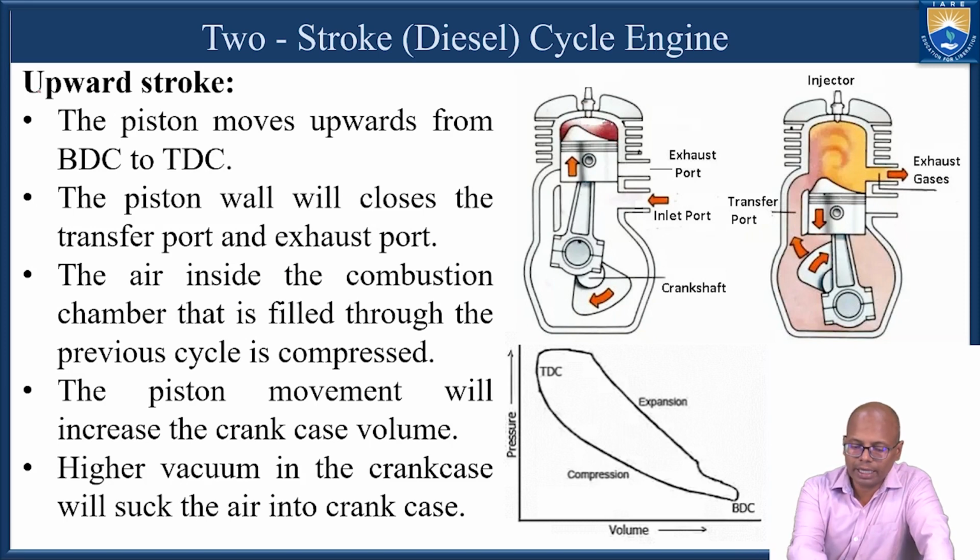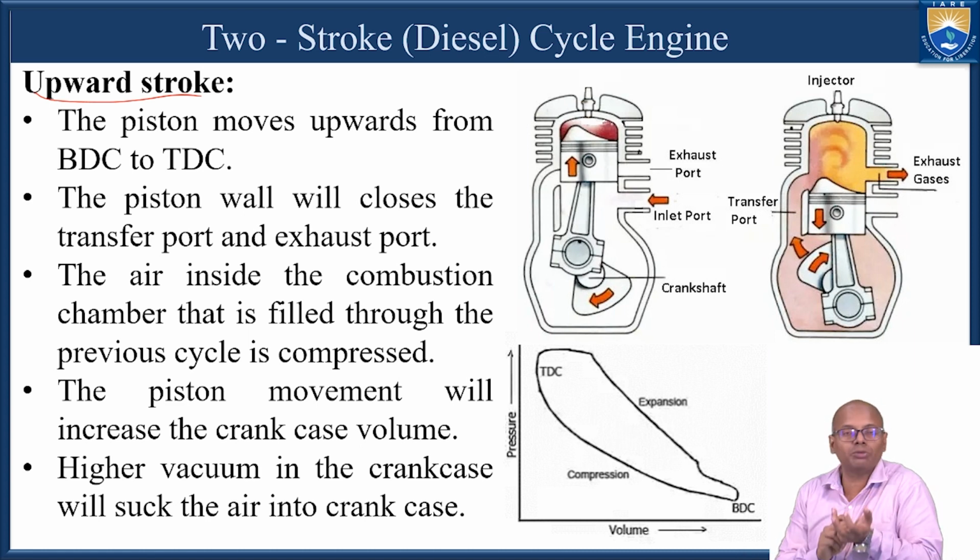Now again, the upward stroke. Here we have only two strokes: the upward stroke and the downward stroke. All the four strokes, compression, suction, power and exhaust, are inbuilt in these two strokes, the upward stroke and downward stroke.